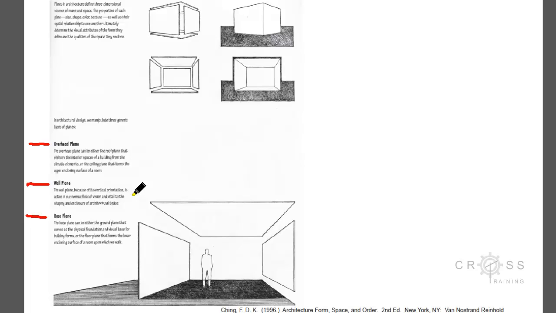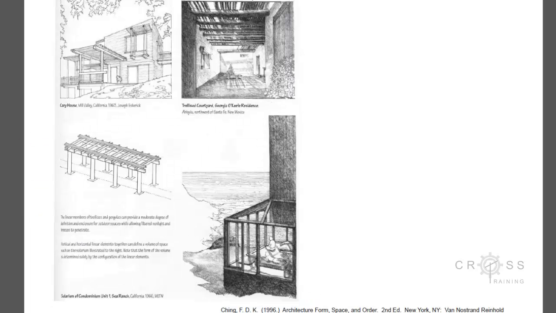We use the landscape instead. So our base plane would have things like grass or ground cover on the ground plane, and then in this previous image that we saw before, we wouldn't necessarily be using columns. Instead of columns, we would be using trees. So we would use trees to define space.